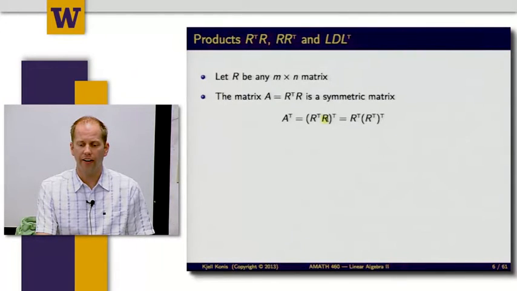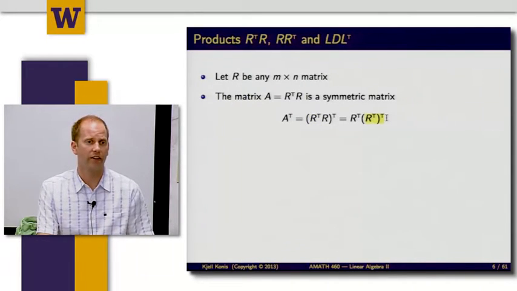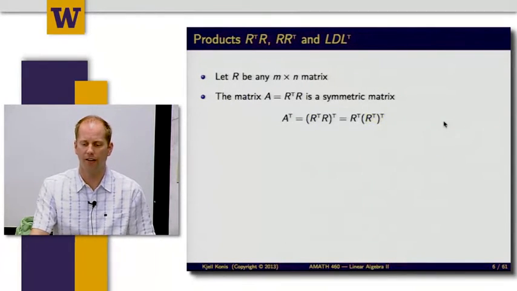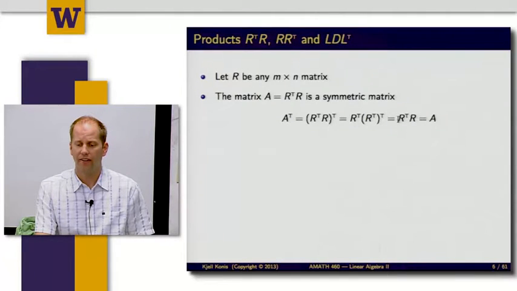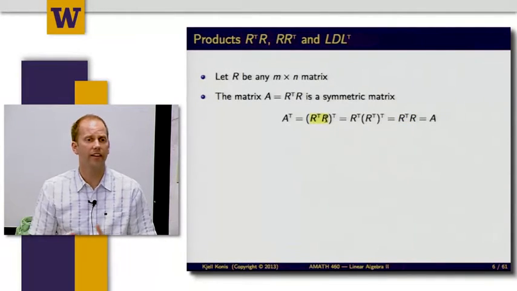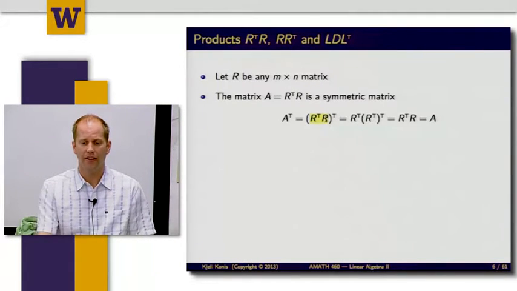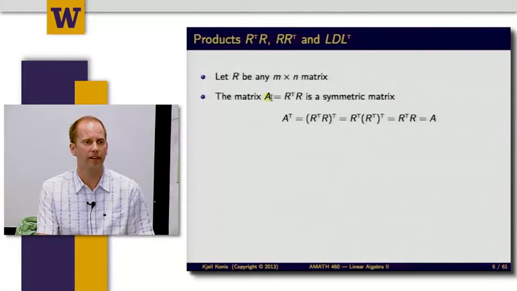So this R here becomes this R transpose here. And this R transpose here, I take the transpose of that, so it's R transpose transpose, which becomes R again. So I have R transpose R, and that's what I initially was calling A. So I can start out with any rectangular matrix, and if I make this matrix product R transpose R, then that product A is going to be a symmetric matrix.